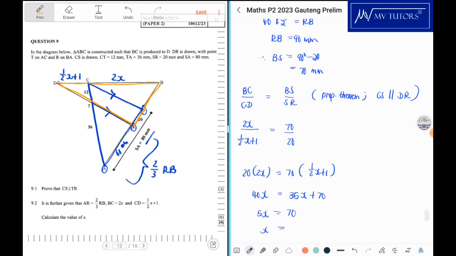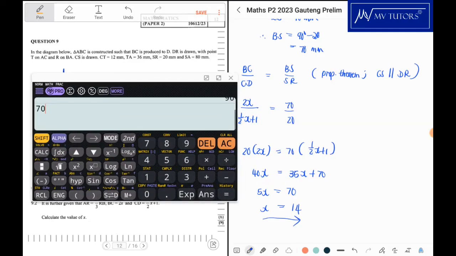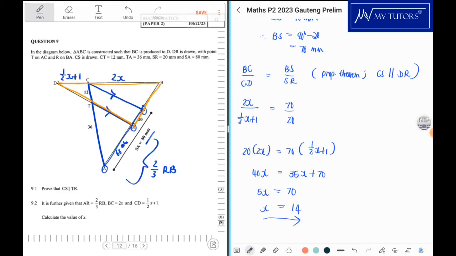So what is 70 divided by 5? Well, I think it's 14. Yes, I'm just multiplying it in my head, but let's check. In an exam situation, we even struggle to calculate 1 plus 1 because our minds are occupied with a lot of things. So yes, it is 14, and we have the value of x, which is 14. All right, and that concludes question 9.